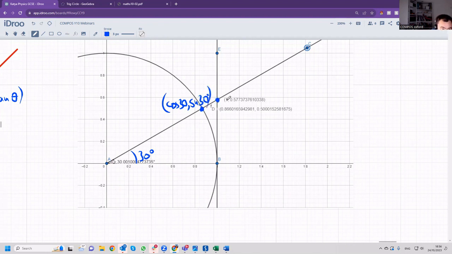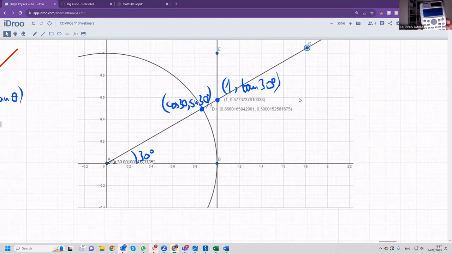But this point is 1, comma, tan 30 degrees. Let's see if it actually makes sense. Tan 30 degrees is 0.5773.